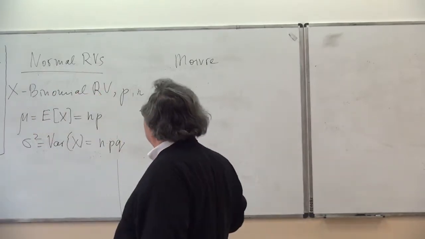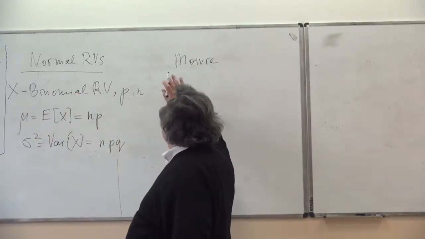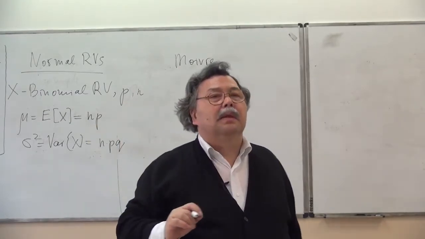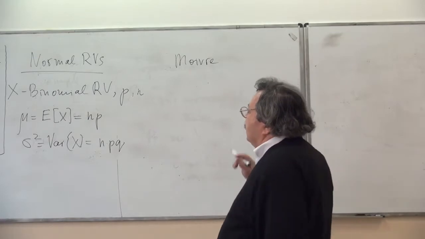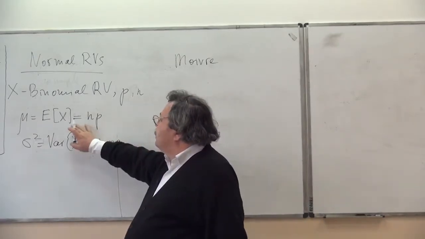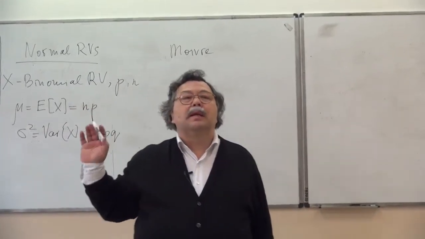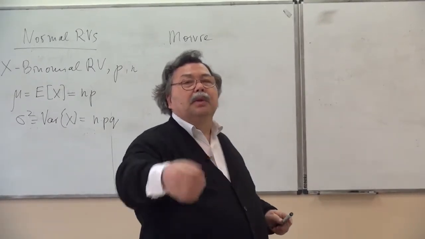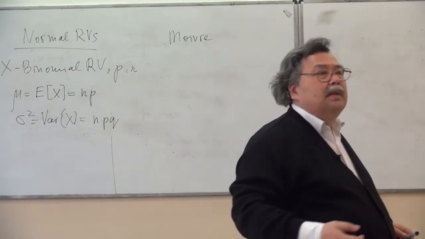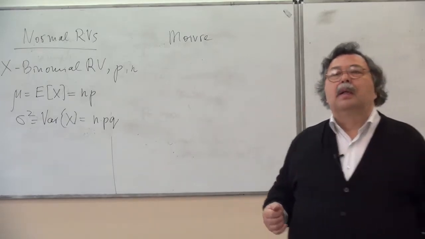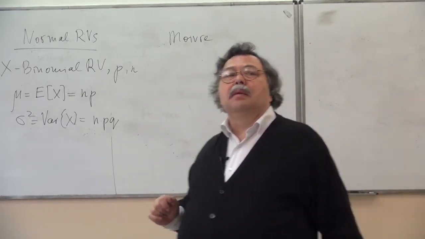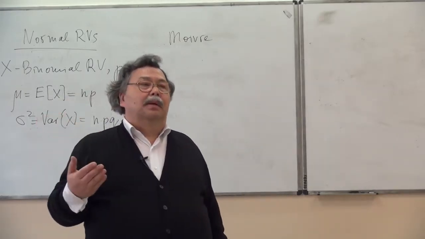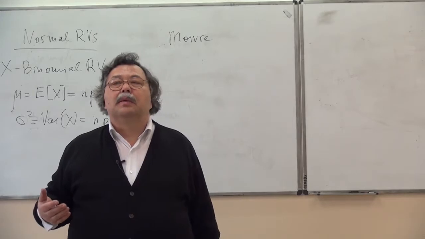Before we state this distribution, write the formulas and plot a graph, let's ask a simple question. What's the maximum, the most likely value? Here we perform n Bernoulli trials with the same probability p of success on each trial, and X stands for the number of successes. What's the most likely number of successes on n trials?